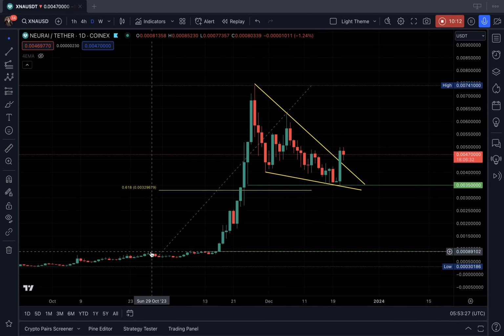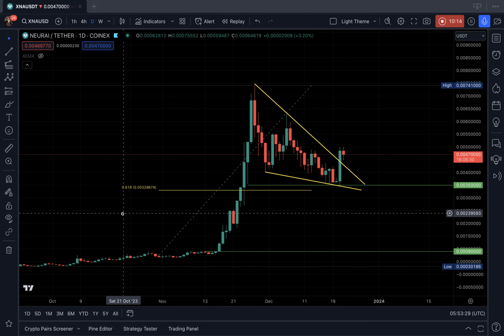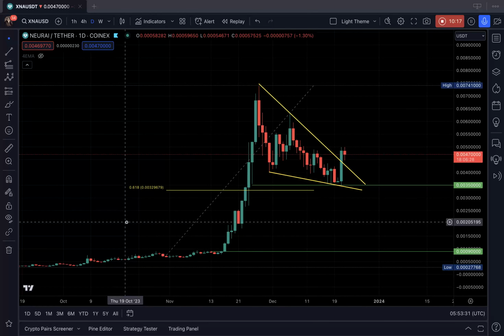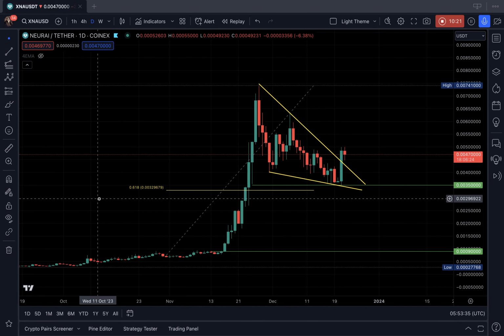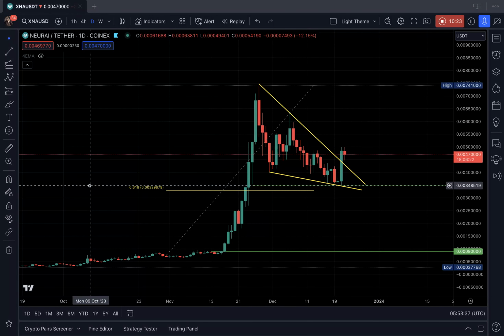So I'm also giving you take profits so that you will not be left hanging dry if something goes wrong. Okay, if something goes wrong for me, my XNA allocation is negligible relative to my portfolio. So everything will be all right. But I know that not everyone is the same.